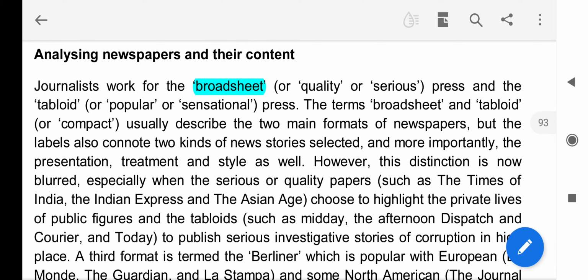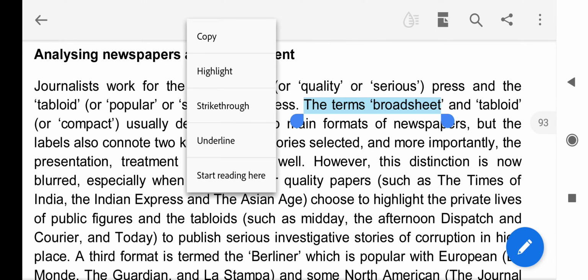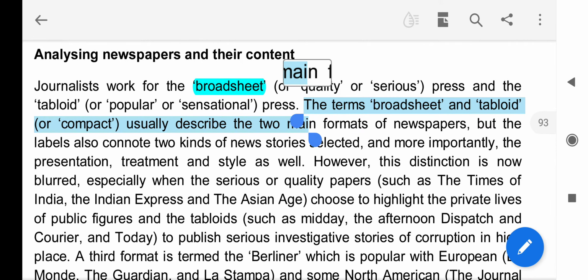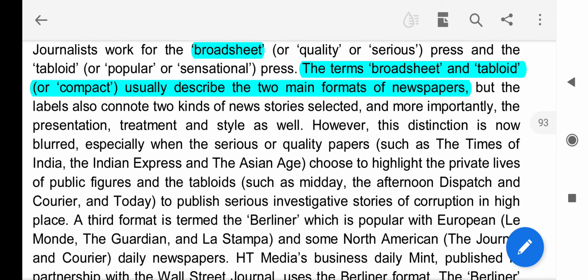If you are asked what the two main formats of newspaper are, you have to say broadsheet and tabloid. But the labels also connote two kinds of news stories selected, and more importantly the presentation, treatment and the style as well.